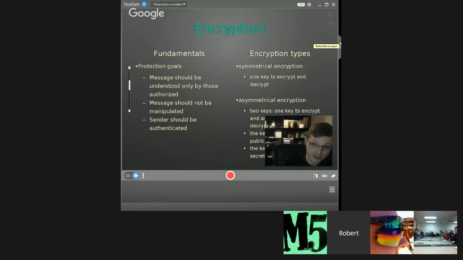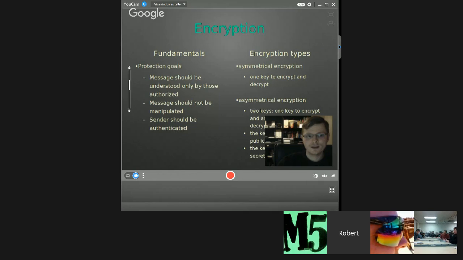That means if person A sends a message to person B, someone in between is not able to manipulate it, or if he manipulates it, the message gets more or less destroyed and not readable, so it can't just easily be replaced by another message. And third, the sender should be authenticated. So the recipient of the message should be sure about the sender.